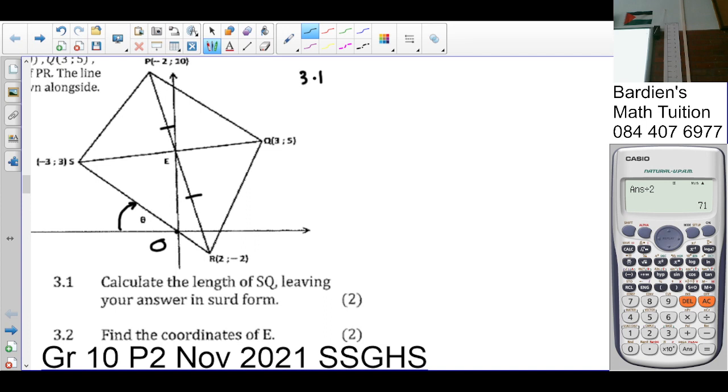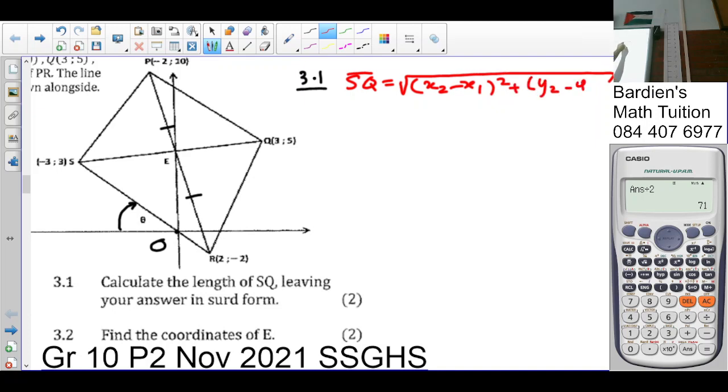So how do we calculate the length? By using the distance formula. So the length of SQ is equal to the square root of x2 minus x1 squared plus y2 minus y1 squared. Okay? SQ is going to be -3 squared plus 3 minus 5 squared.